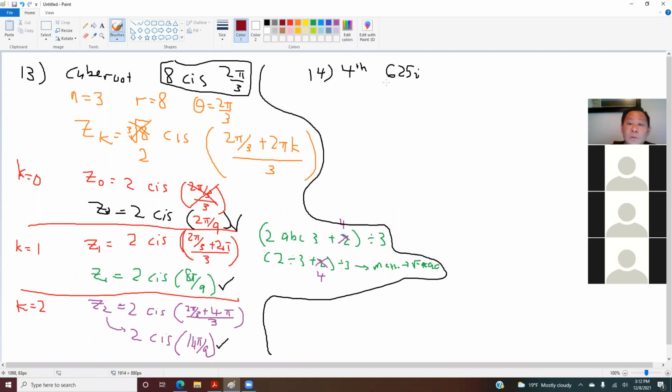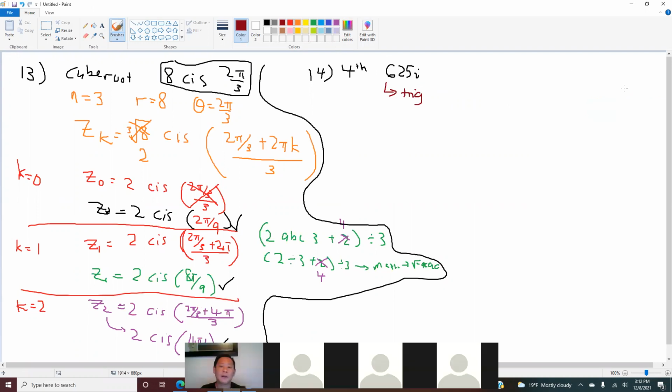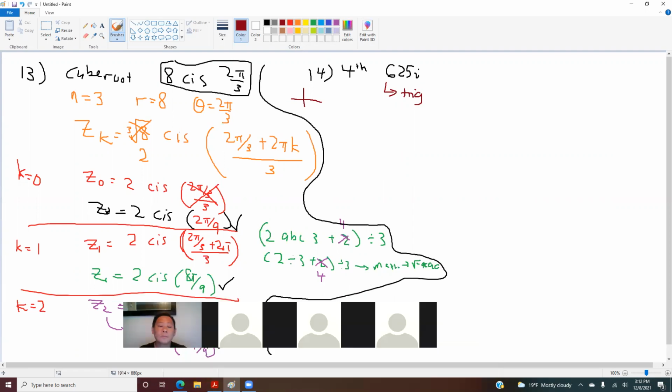So the first thing you need to do here is to change this into the trigonometric form. This one is easy because 625i is on an axis, not in a quadrant. If you remember what you draw, do you know where 625i belongs to? So it belongs up here, right?